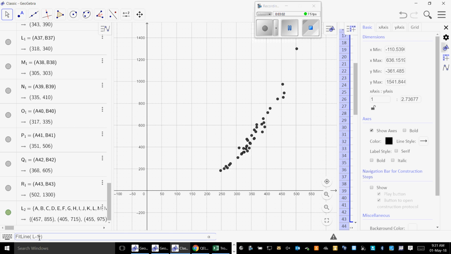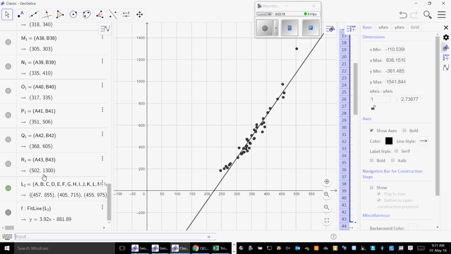Mine is L_2. When you press enter, it will draw you a straight line, and it will tell you here at the bottom what the equation of that straight line is.